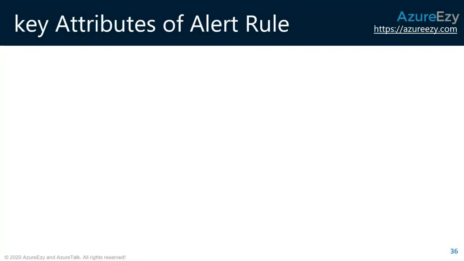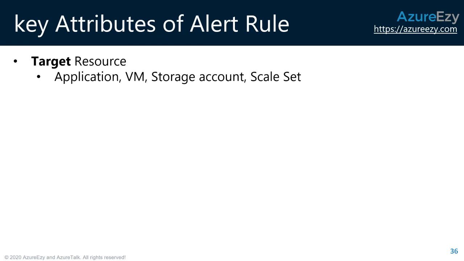Okay. Now, when we say alert, how does your alert work? To make your alert work, you need to create an alert rule. To create an alert rule, there are some key attributes you need to specify at the time of alert rule creation. You need to specify the target.